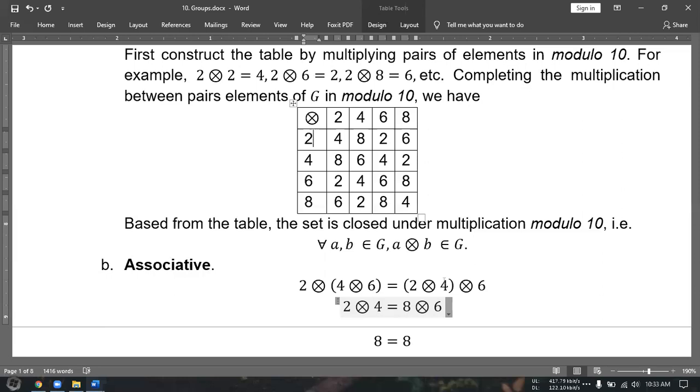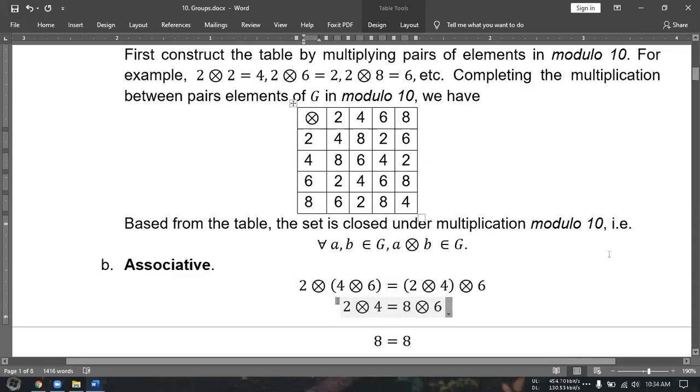Naghahanap tayo ng element na kapag ino-operate sa ibang elements of G ay magreresulta sa same element. That is 6.